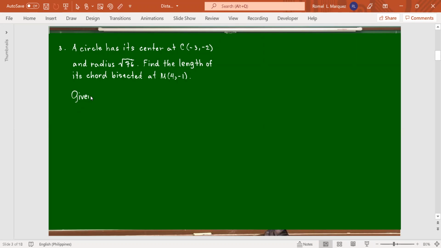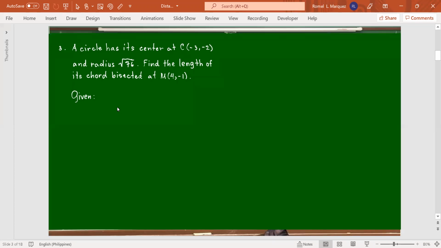There are problems not really sensitive. You can illustrate arbitrarily and still solve the problem. But there are problems that you need to illustrate in a Cartesian plane so that you will be able to analyze the problem. But in this case, we can have it illustrated arbitrarily.